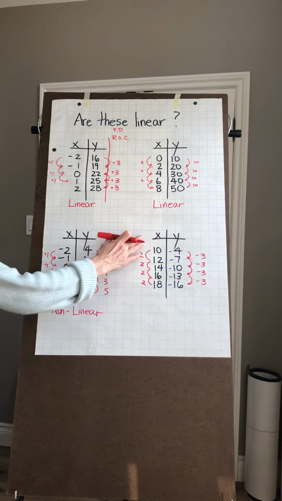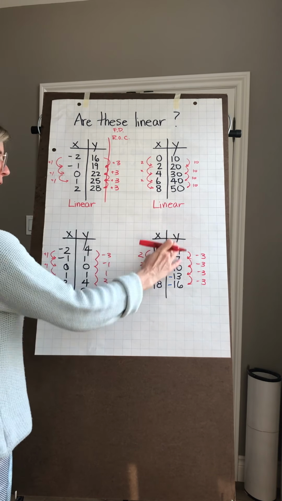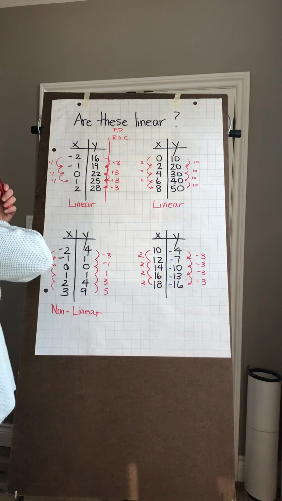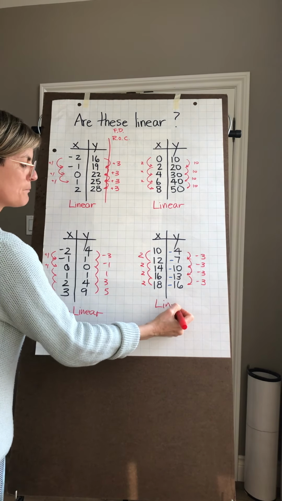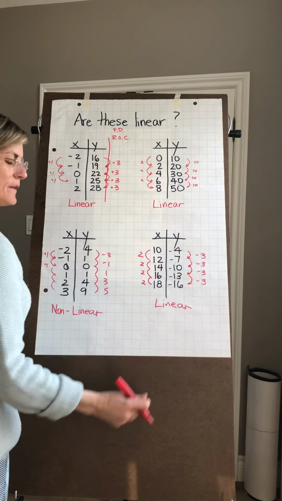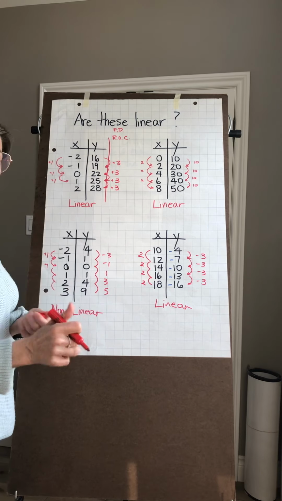So, constant rate of going up on the x's, you have to make sure that the first differences are also constant. Yes, it is. This is linear. It doesn't matter if it's positive or negative, it just matters if it's constant, okay? So that's just the basic rule there.